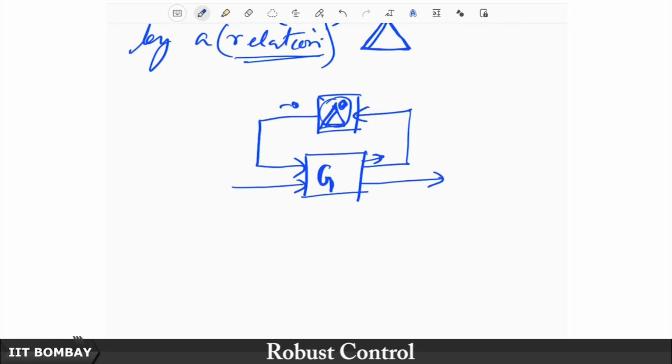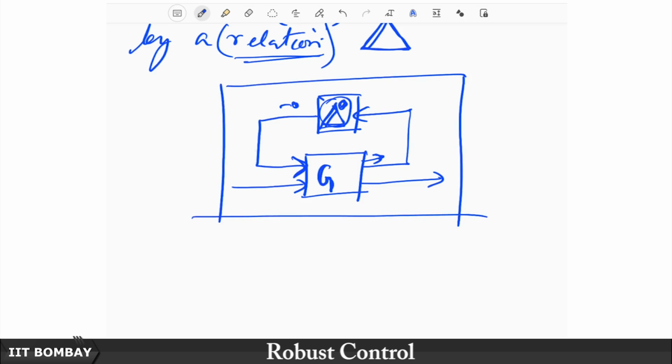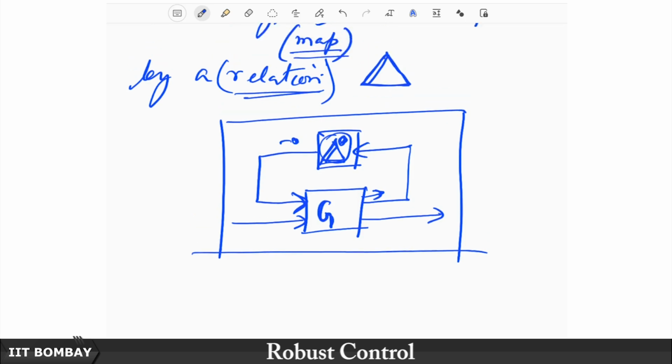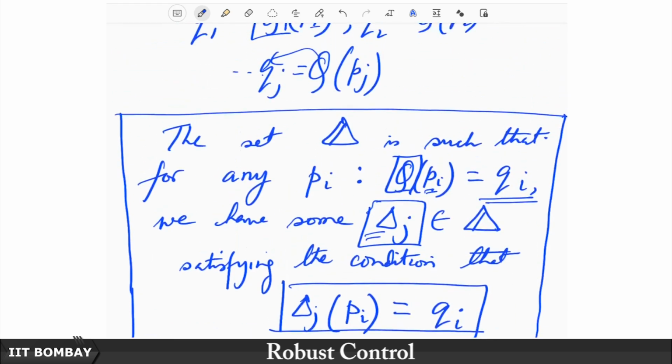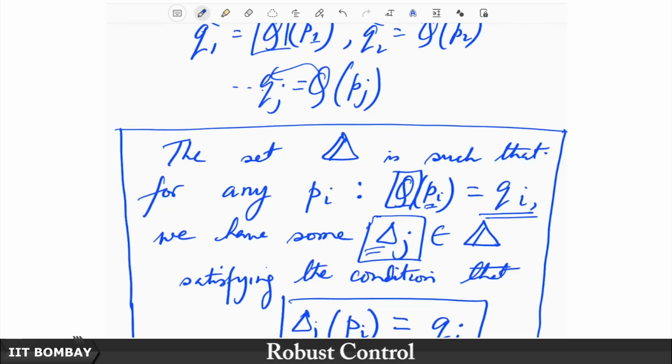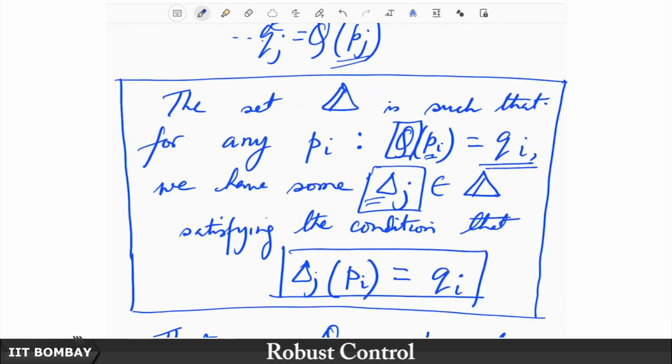If I consider delta 2, I get another linear map. If I consider delta 3, I get another linear map, right. So, for all of these deltas, if I can assure that my system behaves in a desirable fashion, then I can also assure myself that, well, my system would also behave in the desired fashion with the actual Q, provided of course that the signals that I am feeding to it are these pjs only.